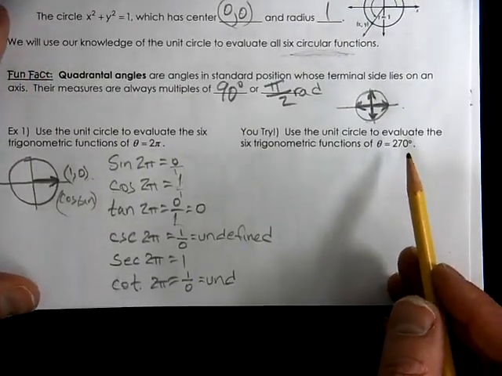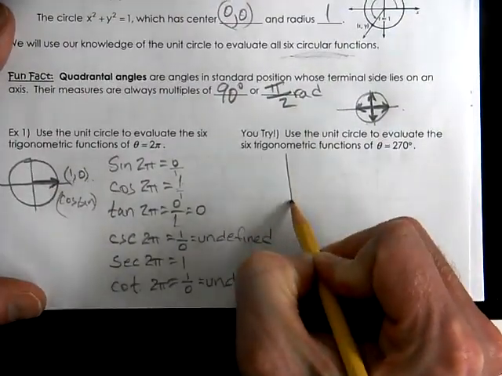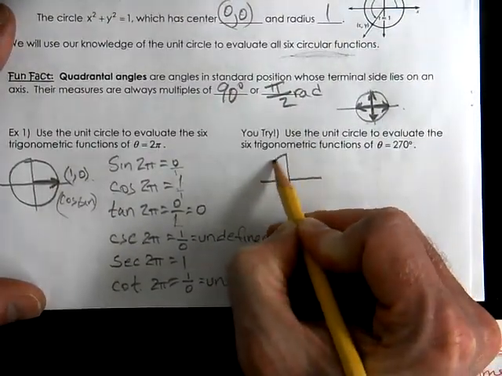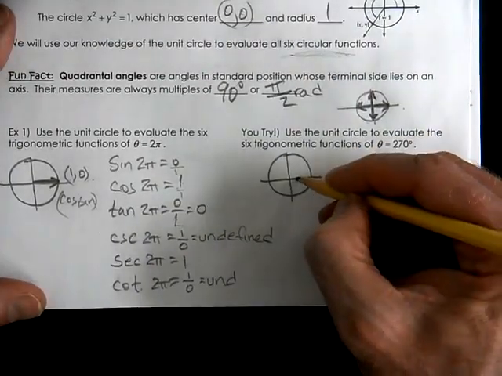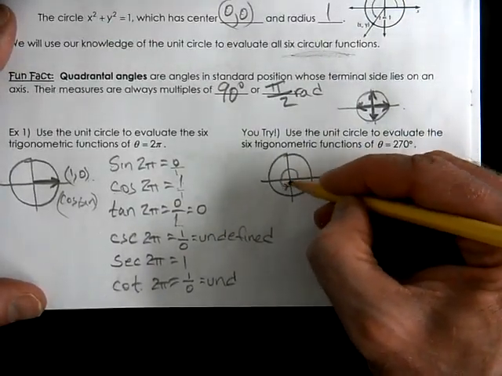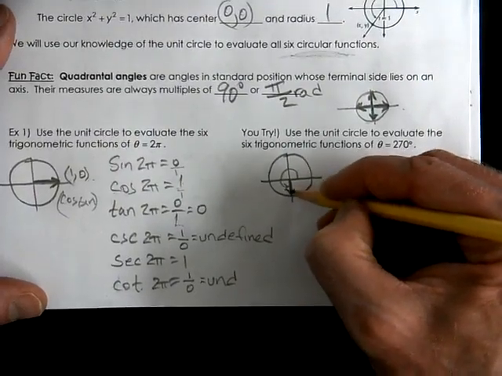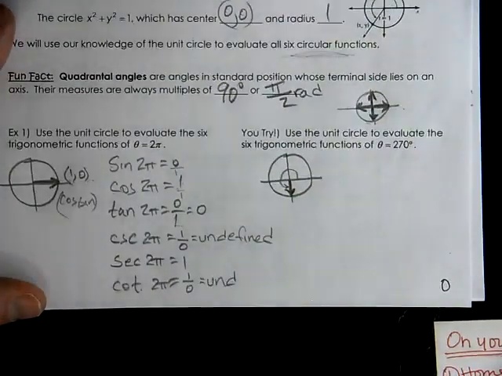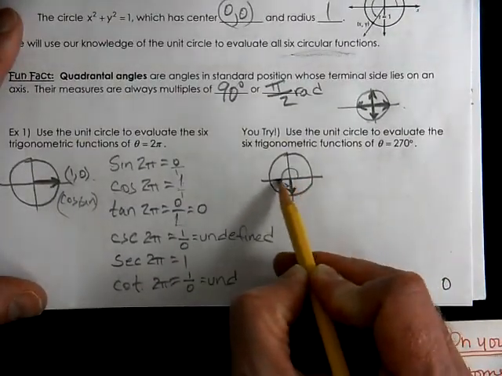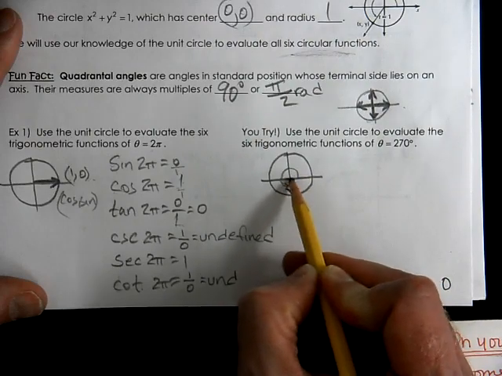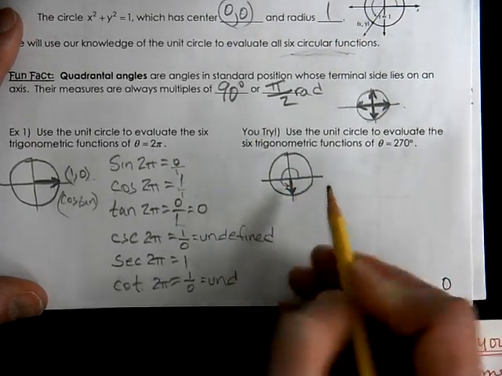This is a quadrantal angle. 270 would be all the way around, going straight down. So what's the coordinate that points in that direction? Everyone should have an opinion. Right and left is 0, and your y value is -1.